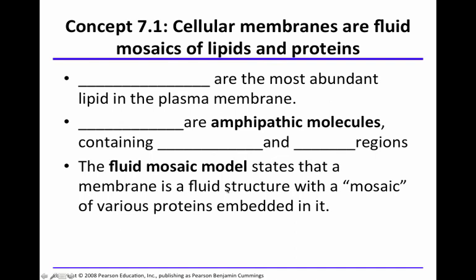It states that the membrane is a fluid structure with a mosaic of various proteins embedded in it. Okay? So now we're going to move on to talking about membranes that are mosaics and what they're composed of and how these mosaics affect structure and function.